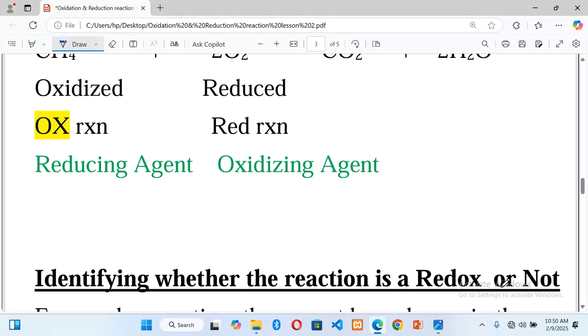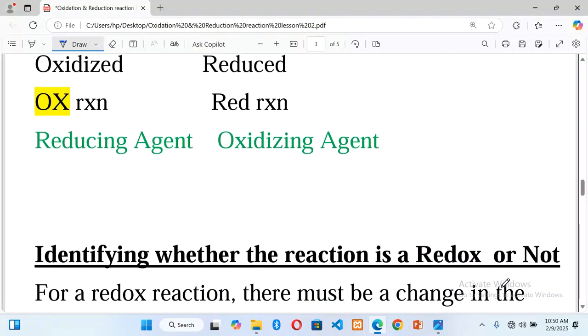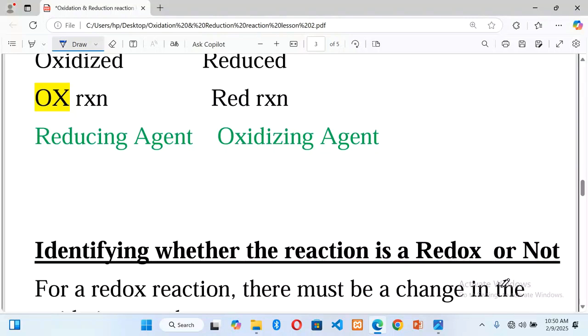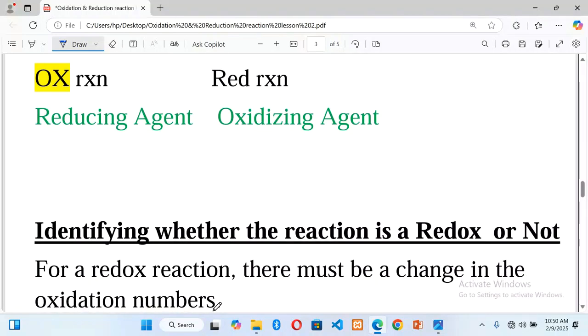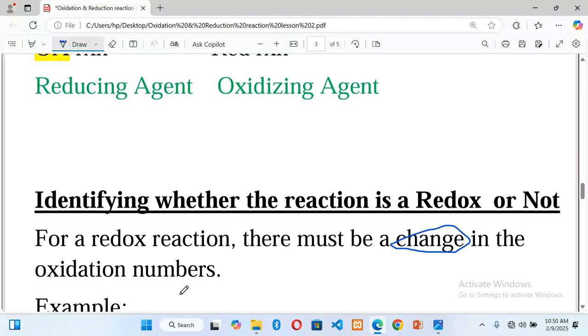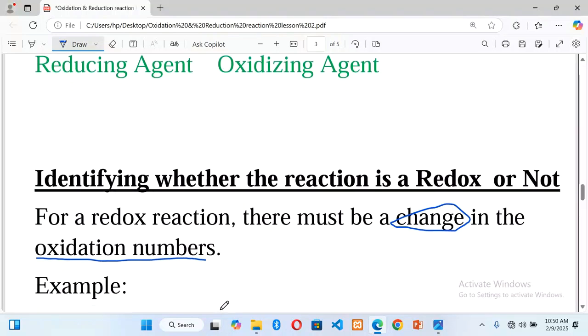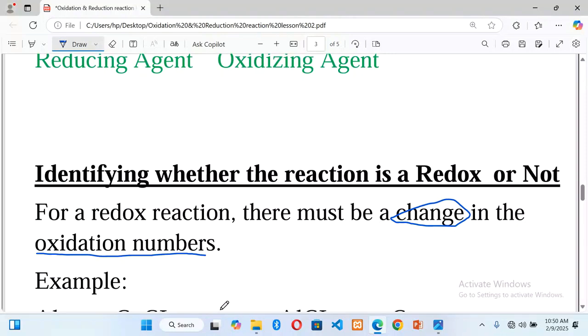But there is a quick way we can find that. For a redox reaction, there must be a change in the oxidation numbers. If there is no change in oxidation numbers, then we say that is not a redox reaction.